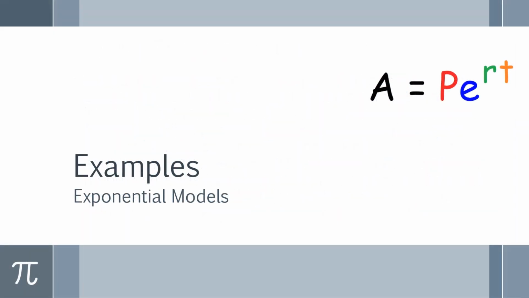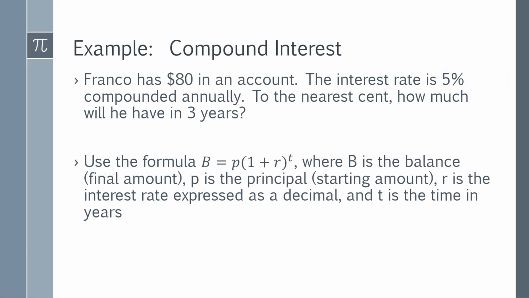All right. Exponential models. Exponential models, we know a thing or two about them. So here, Franco has $80 in his account.